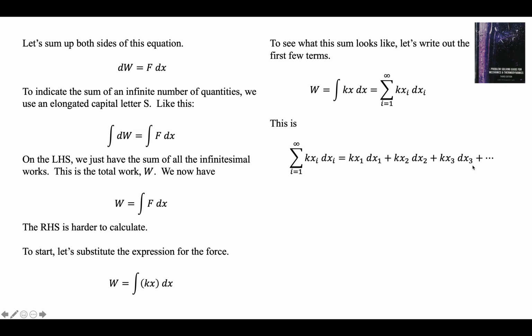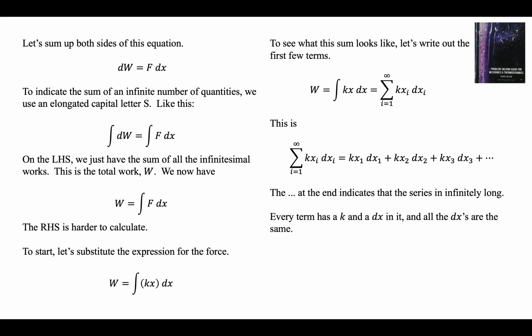It's very similar to breaking it up into 4 1-centimeter increments, but now we have an infinite number of increments. Every term has a k and a dx in it. The dx's are all the same. dx1, dx2, dx3, that's just a little teeny distance that we stretched it. We can factor these out.